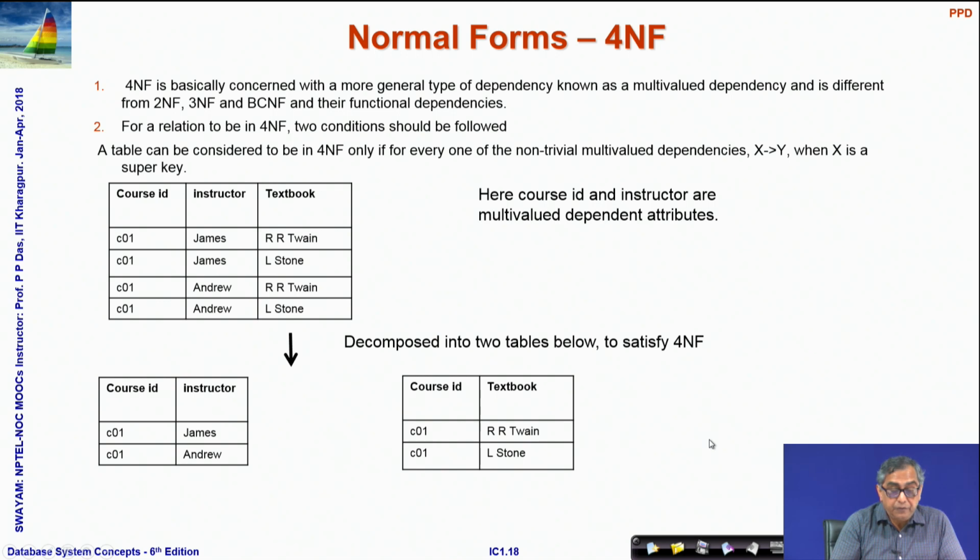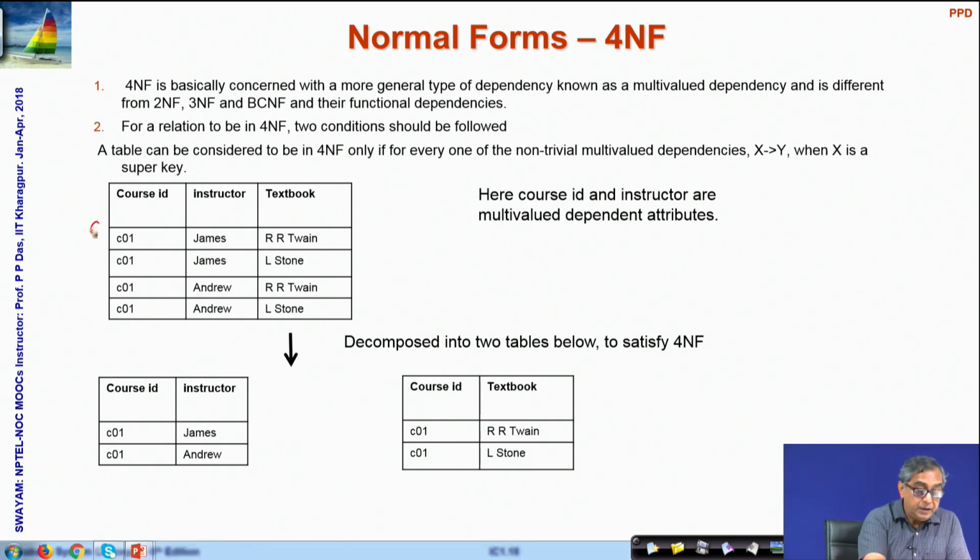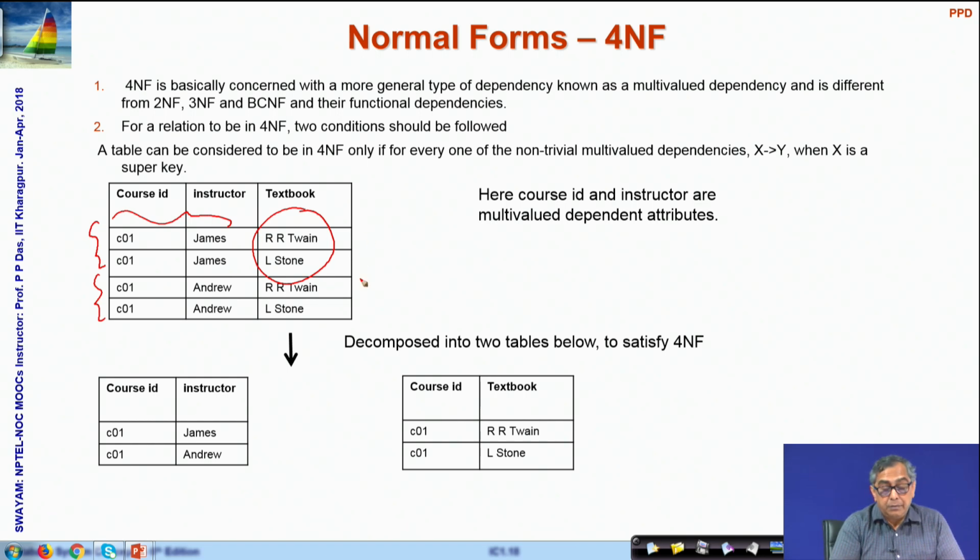Now, going to the fourth normal form. Fourth normal form is particularly about multi-valued dependency. So, we have seen earlier the issue of multi-values. A course and instructor, given these two pair, the textbooks could be multiple. There could be multiple textbooks that have been recommended. So, for that you specify them into separate rows.